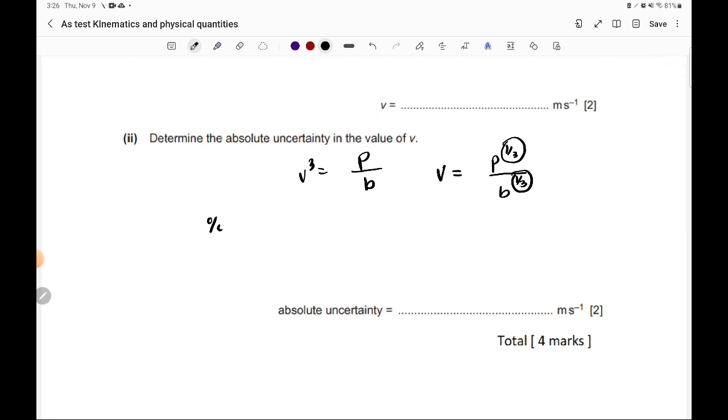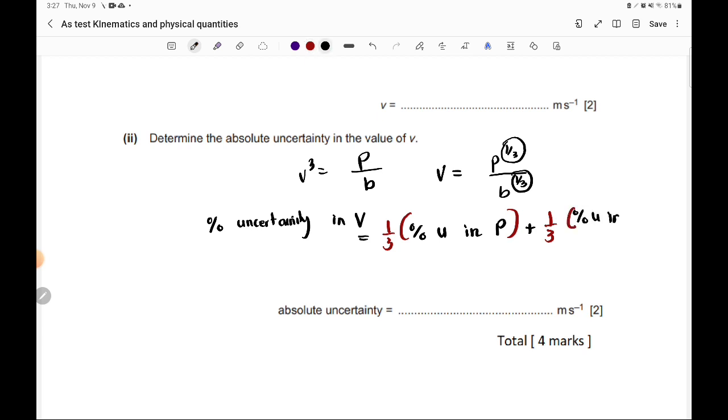Percentage uncertainty in V should be equal to 1 over 3 multiplied by the percentage uncertainty in P plus 1 divided by 3 into the percentage uncertainty in B.